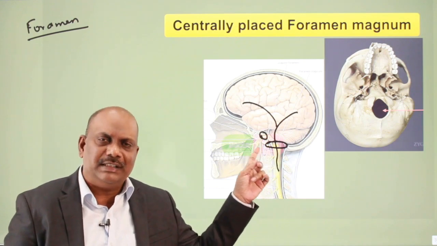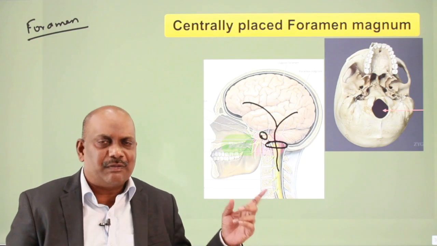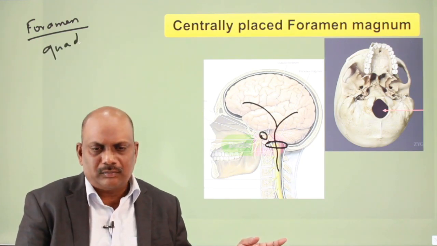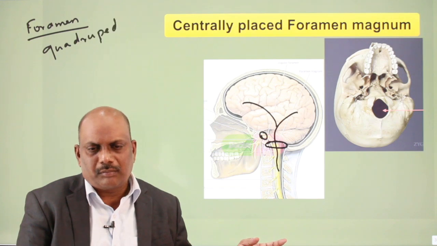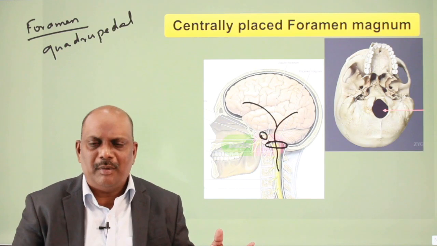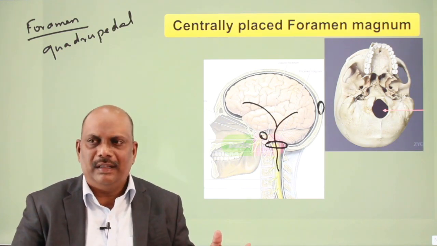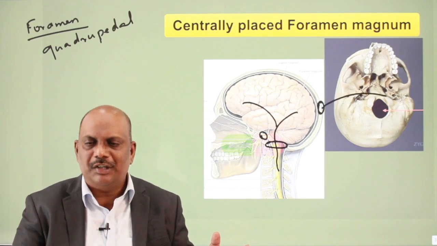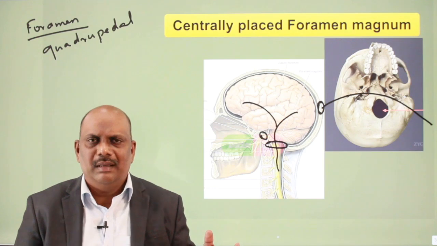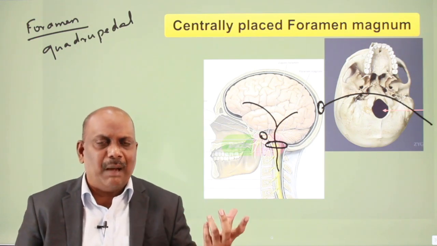It has evolutionary significance because when the human ancestors were quadrupedal, quadrupedal meaning walking on 4 legs, the foramen magnum was more posteriorly placed, and the vertebral column used to be single arched like this.